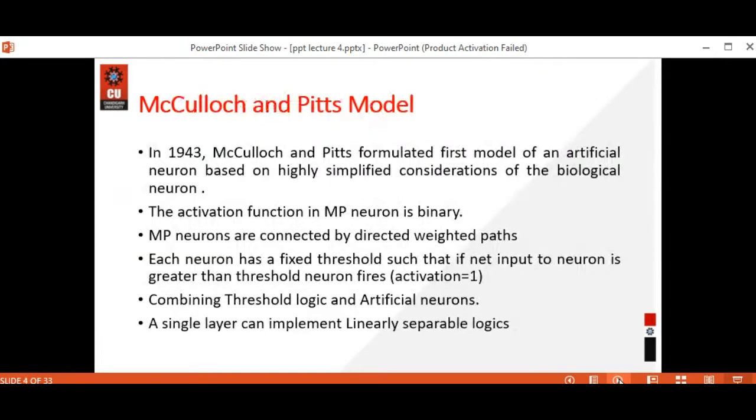Now, this is one model which copies the similarities of the biological neuron. All of you can reply through chat: what different portions of your biological neuron have we taken care of in the design of the artificial neural network?